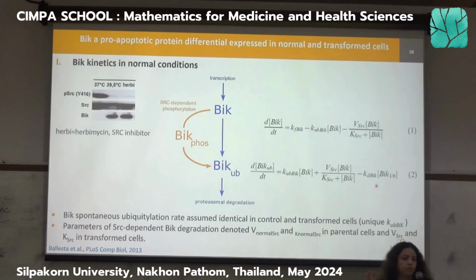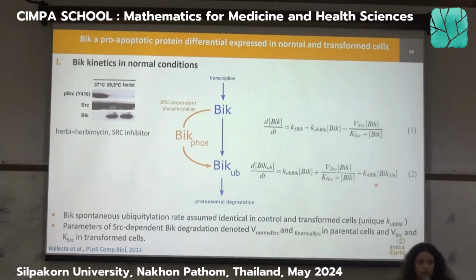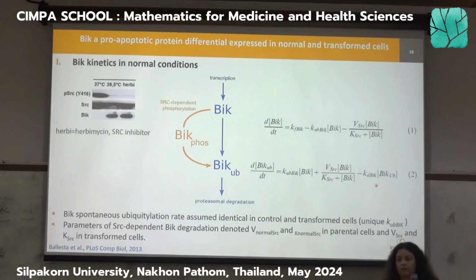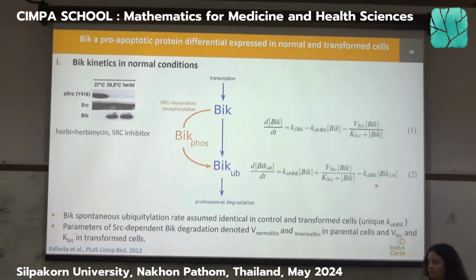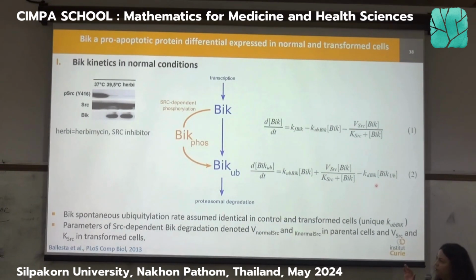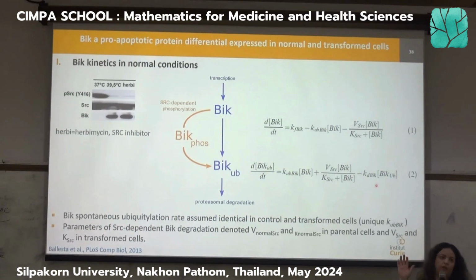So how to model two cell populations? The way that we have done that is by saying I want to keep the same model for both cell populations, but with different parameters. So we're going to have different parameter values. But to make it a bit more simple, we are not going to have all parameters specific for each cell line.